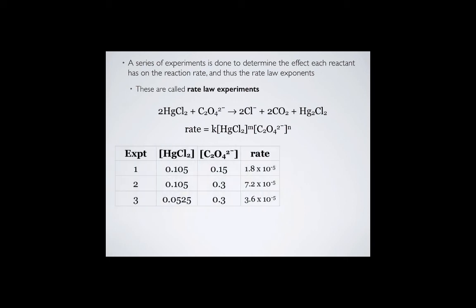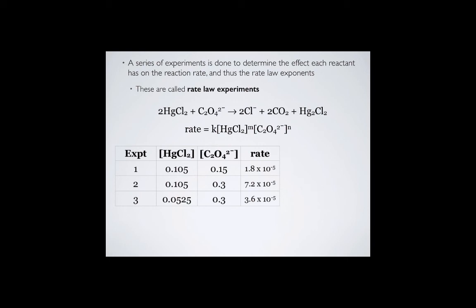So here's a very typical set of data that we would get from a series of rate law experiments. We can see that in going from experiment 1 to experiment 2, we changed the concentration of the oxalate ion, and we can see that the rate changed. And then in going from experiment 2 to experiment 3, we see that the oxalate ion concentration is now the same, and we only changed the mercury chloride concentration.